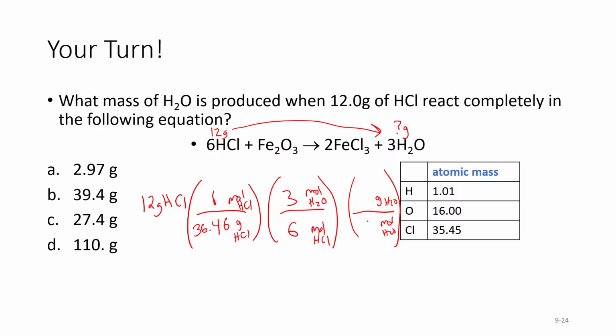Here, 1 mole is equal to the calculated mass from the periodic table. 1.01 times 2 plus 16. We get 18.02. So we're going to multiply across the top and divide away the bottom. 2.97.